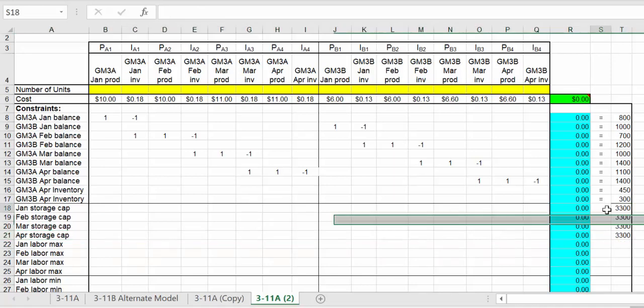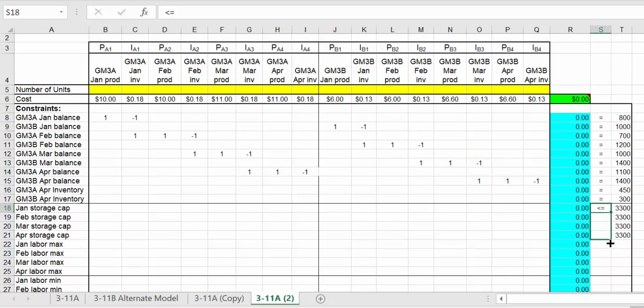And it's saying that the number has to be less than or equal to, we just don't have the space. So whatever that number is, it could be 3,300 or a number lower than that. We'll just copy that down like so. And in terms of January storage, it's going to be the inventory for January added to the inventory for January for motor B. You can highlight that.